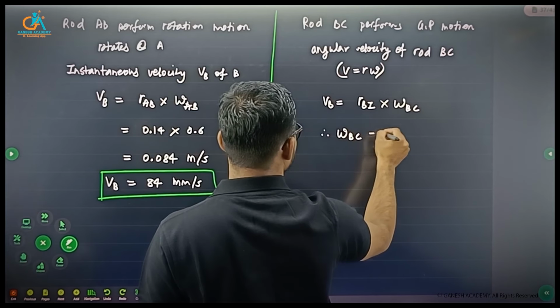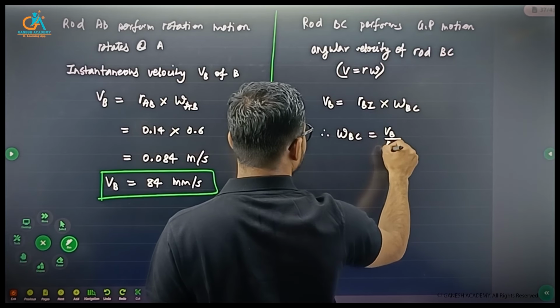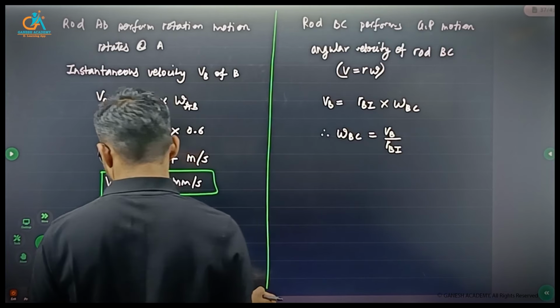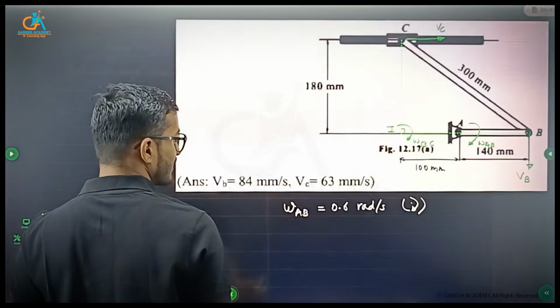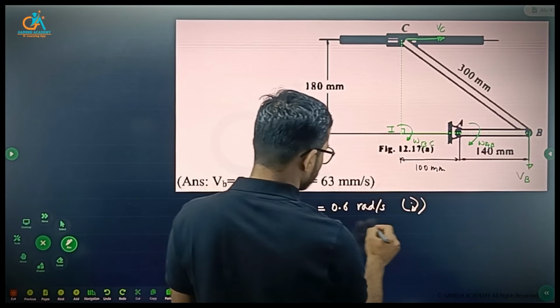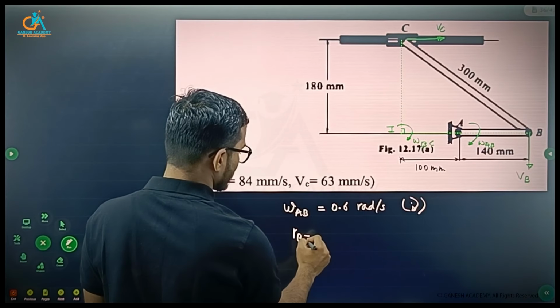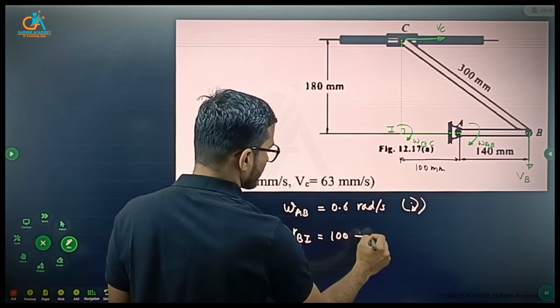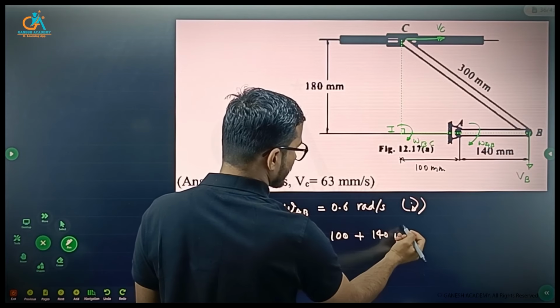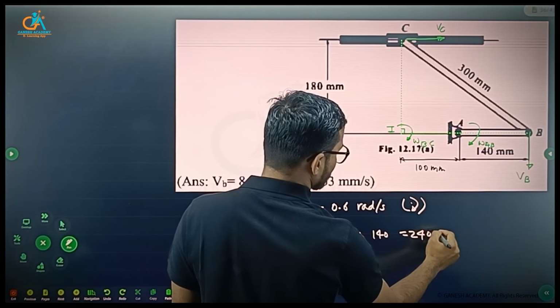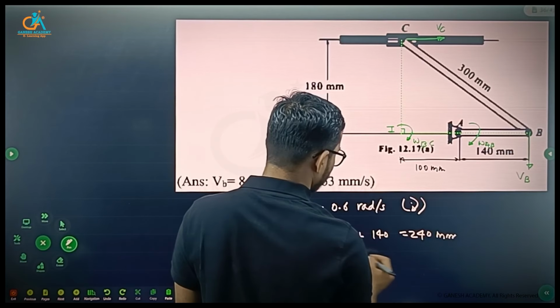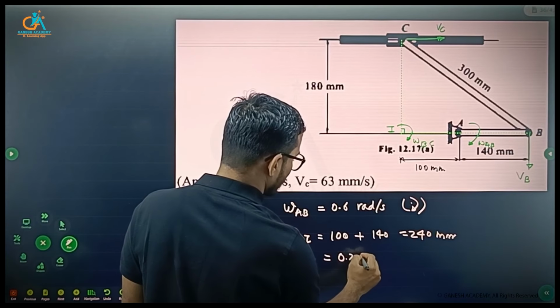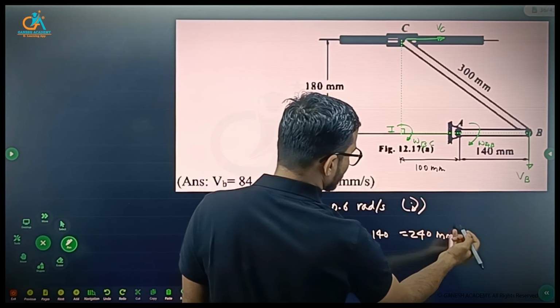So omega BC is equal to VB upon RBI. RBI is 100 plus 140, 240 mm, that means 0.24 meter.